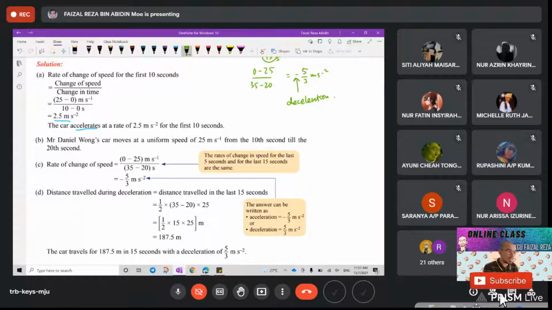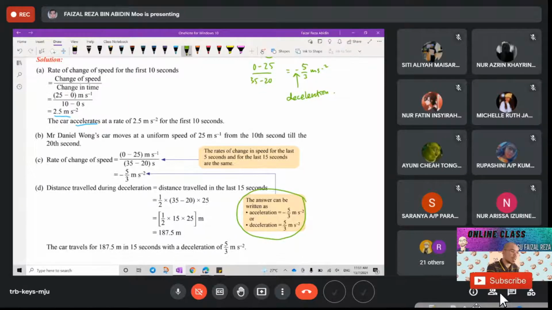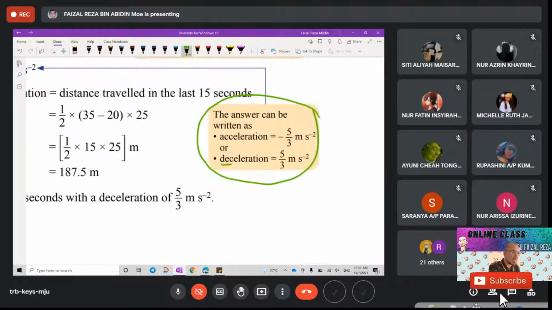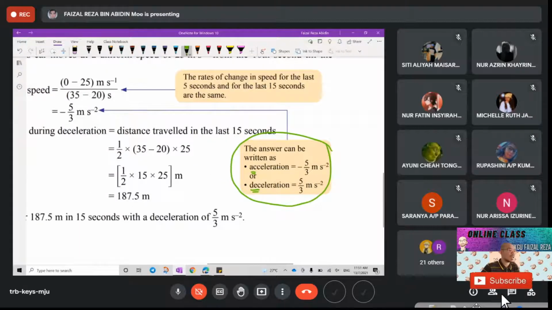The answer can be written as acceleration equals negative. If you put deceleration, it is positive 5 over 3, because it is already stated as a deceleration. If you put acceleration, you have to put negative for the answer for C.